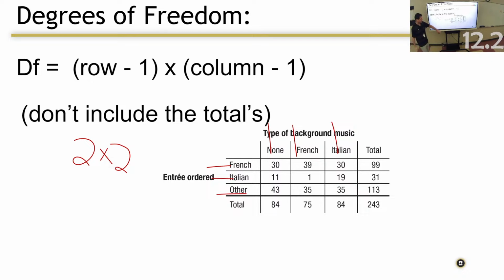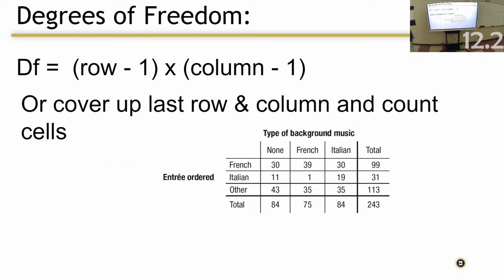Some students like to cover up the last row and the last column and count how many cells are left. That's okay too. They don't care that you show this multiplication. They just need to know the DF. Just remember, you're not covering up the totals. Don't cover up the totals and count 3, 6, 9.